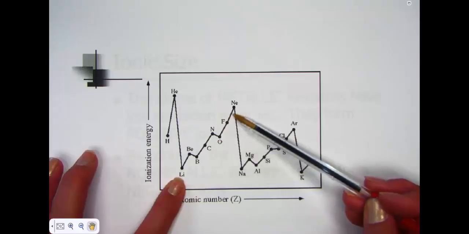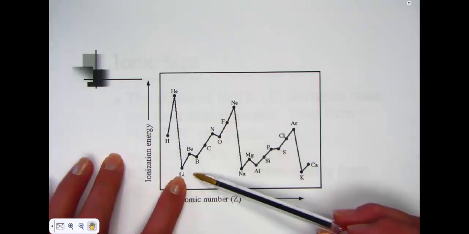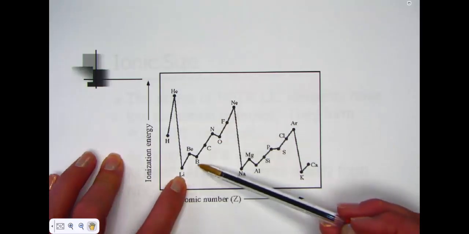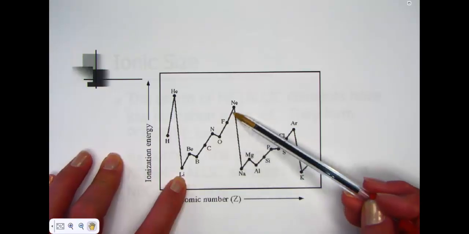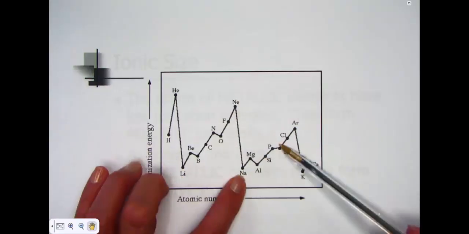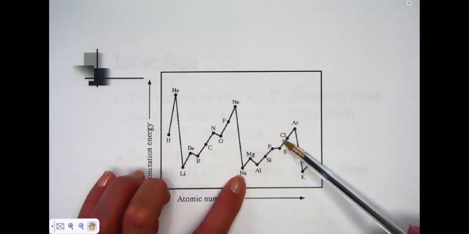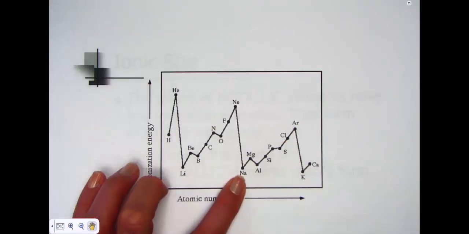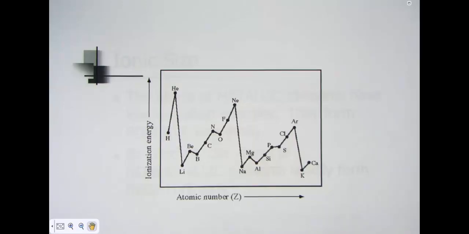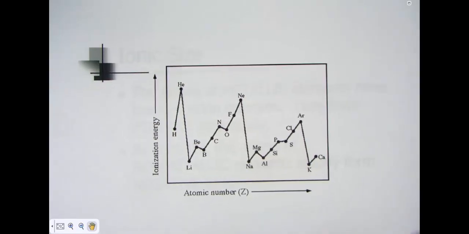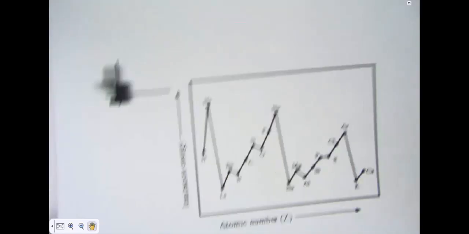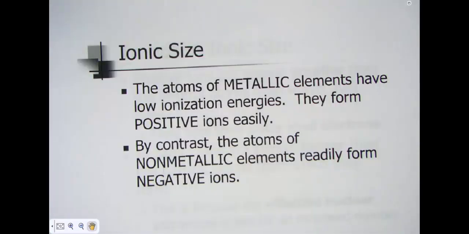This is period 2. A general trend, ionization energy generally increases from left to right, and it's the same trend. Generally speaking, from left to right, across the same row, ionization energy increases due to the atoms becoming smaller and smaller.